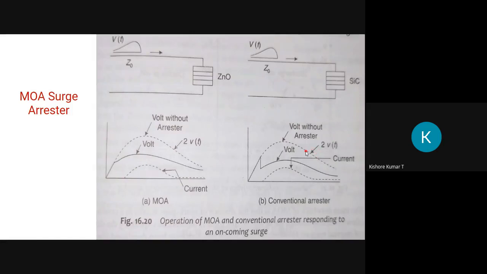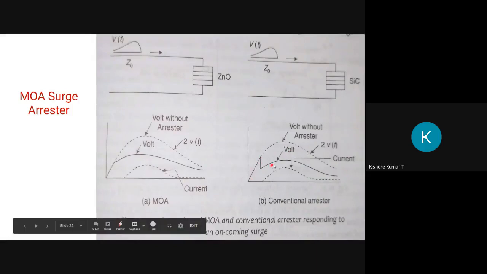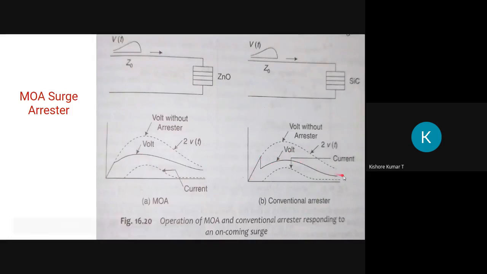After applying lightning arrestor protection, this thick line will be the rise in potential. Suppose you consider this peak value as the crest value, after which there will be a spark over.